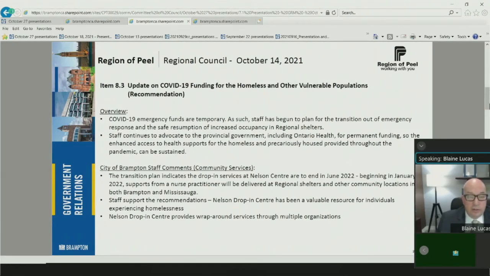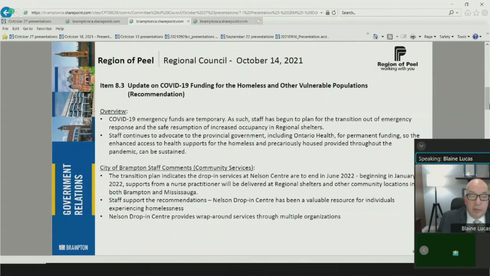I wanted to start today with highlight item 8.3. It's an update on the COVID-19 funding for people experiencing homelessness and other vulnerable populations, included in the Peel Regional Agenda. The report provided an overview of the operational position of the COVID-19 emergency funds that were temporary, and that staff have initiated a plan for the transition out of emergency response and return to the safe resumption of increased occupancy in regional shelters.